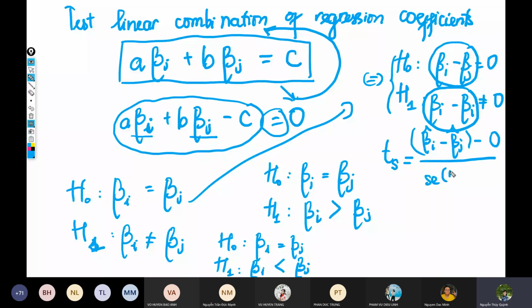So here, do you still remember the formula to calculate the variance of aX plus bY?